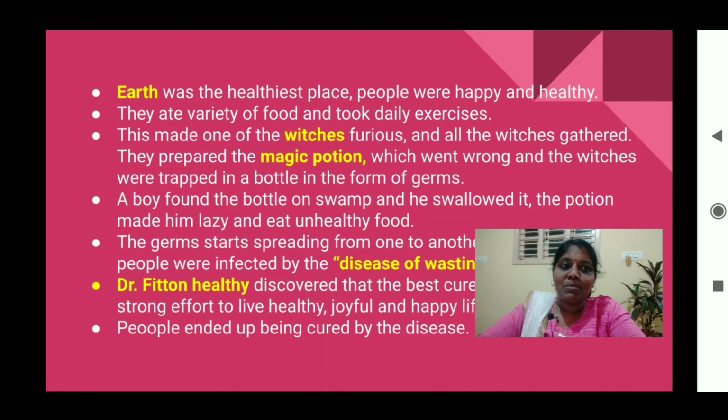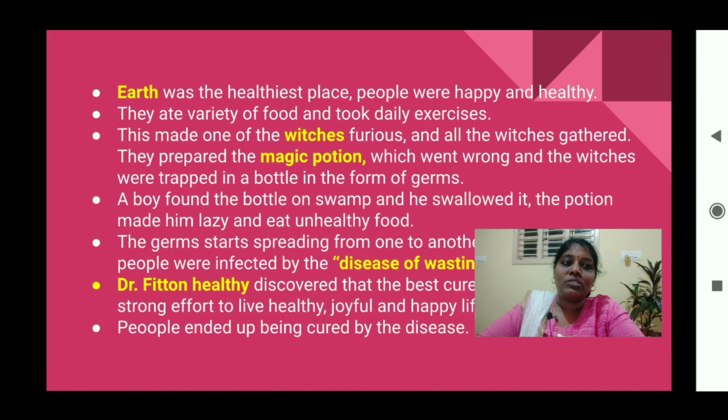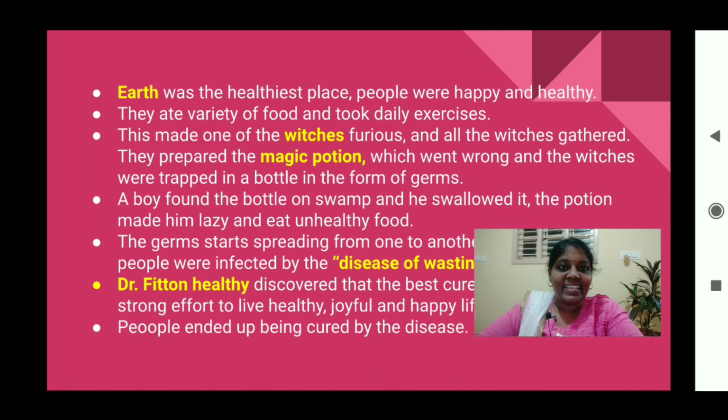One day a little boy found that bottle and he thought that it contained a nice new drink, and he swallowed it fully. And the potion in the bottle, which contained all the witches, made the boy lazy and eat unhealthy food. They changed his likes and dislikes.